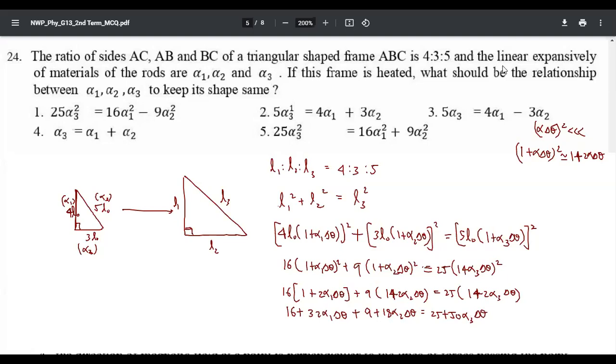A lot of things are going to get cancelled off. 16 plus 9 is equal to 25. They will get cancelled off. Delta theta is common, gets cancelled off. So ultimately, what is the equation we're getting? 16 alpha 1 plus 9 alpha 2 is equal to 25 alpha 3. Is there an answer like that?